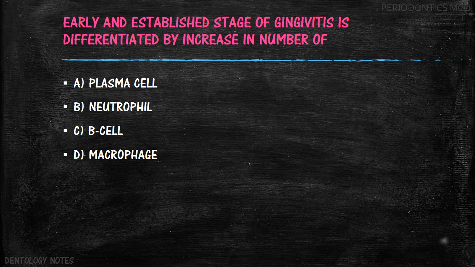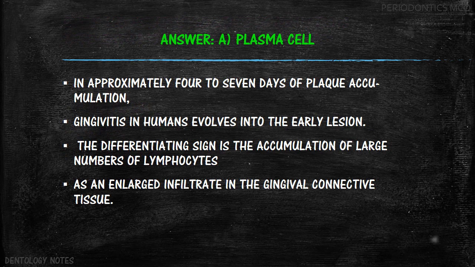Early and established stage of gingivitis is differentiated by increase in number of: A. Plasma cell, B. Neutrophil, C. B cell, D. Macrophage. Answer: A. Plasma cell. In approximately 4 to 7 days of plaque accumulation, gingivitis in humans evolves into the early lesion. The differentiating sign is the accumulation of large numbers of lymphocytes as an enlarged infiltrate in the gingival connective tissue.